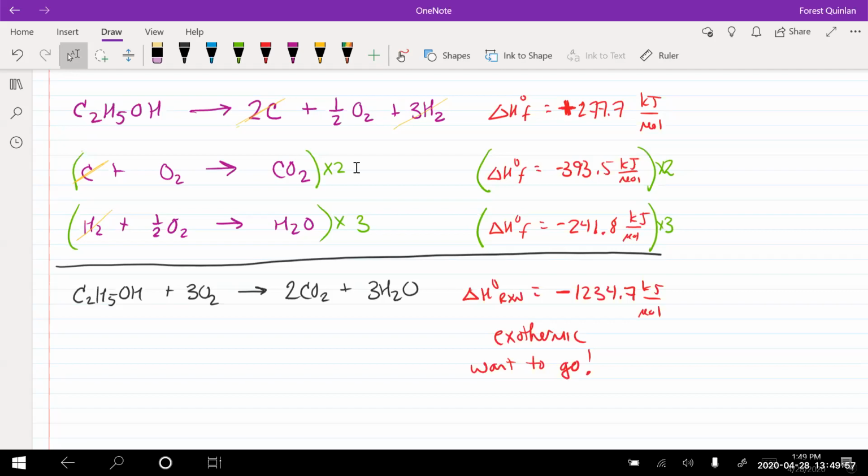And so you can already start the game off by knowing if you have a chance of this reaction working in the first place. We'll talk about the other part a little bit later where entropy may or may not help us out. But just enthalpically, just talking about the energy of the bonds, we can look up all sorts of little pieces to a puzzle to make an overall equation to ask ourselves, does it enthalpically want to do what I'm asking it to do?